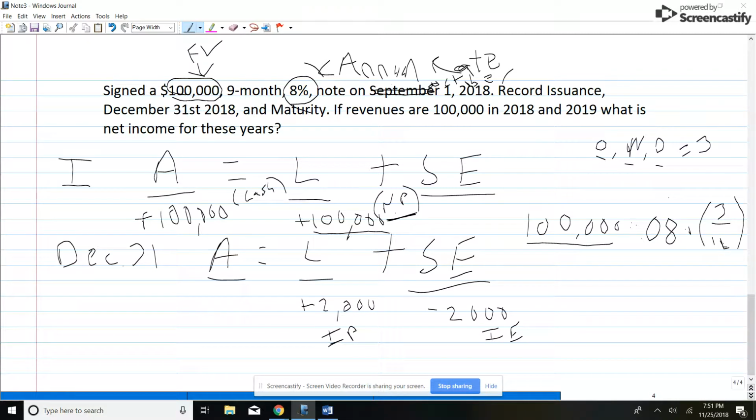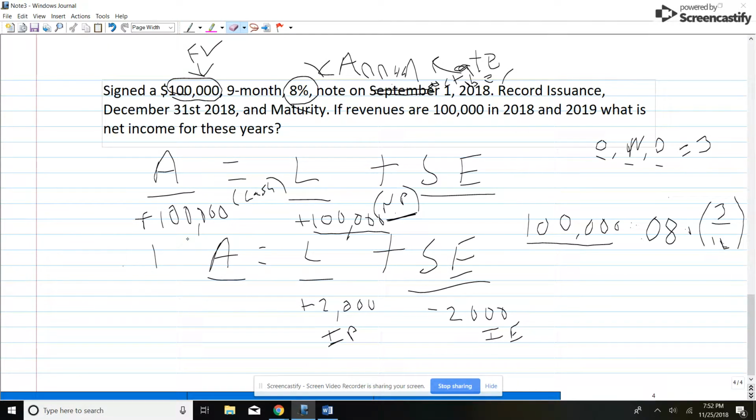So what we've done so far is we've recorded the face value of the note right here. We got $100,000 cash, and then we recognize that we have to pay $100,000 as a payable. And then on December 31st, we're recognizing that we've already accrued $2,000 interest as a result of holding the note for 3 months.